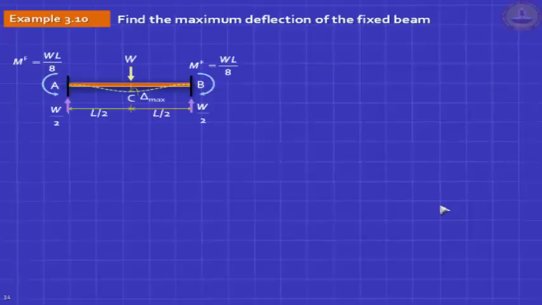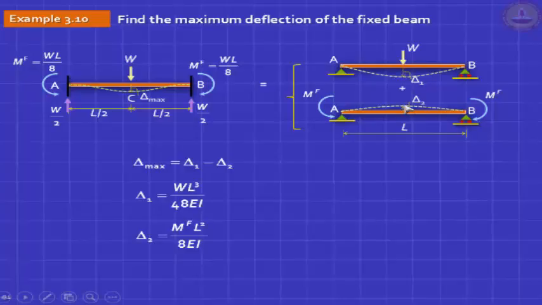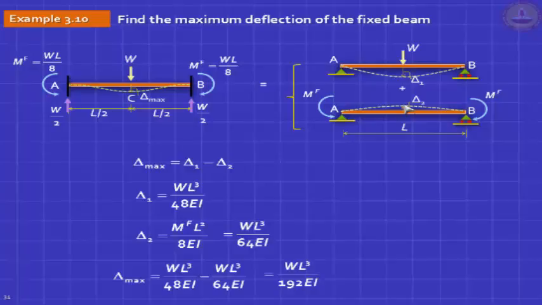The easier way to do it is to look at it from the deflection from this point. I know this answer, WL cubed by 48EI. I know this answer, MF L squared by 8EI. I find the difference and get the same.